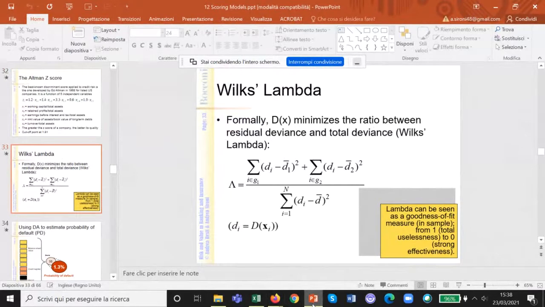So another point that we should highlight is a parameter which is very important, which is called the Wilks lambda. The Wilks lambda is a ratio that basically minimizes the ratio between the residual deviance after we have classified the companies into two groups, good and bad, and the total deviance.